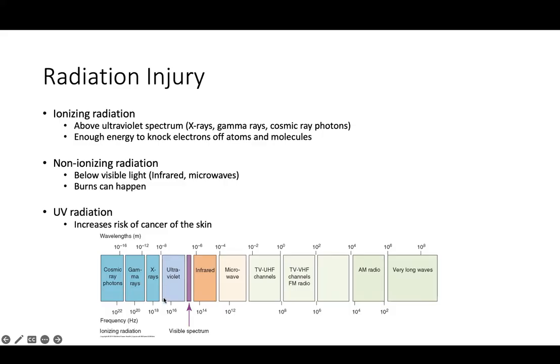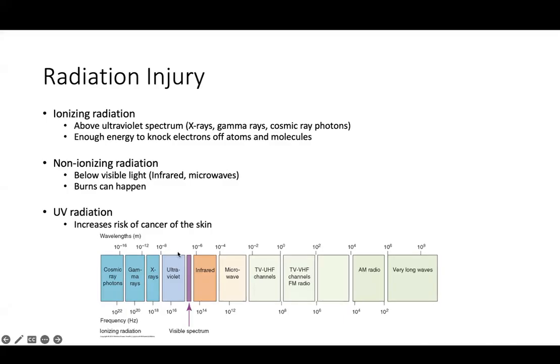This is what we get from the sun. And this is actually the number one risk for skin cancer. So if you're exposed to the ultraviolet light over long periods of time, if you get sunburns, that increases your risk of skin cancer because the skin cells are the ones that are getting all of that ultraviolet radiation.